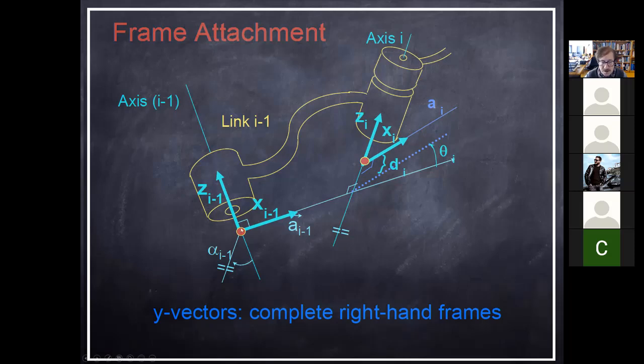It should be inside, because x cross y, if I close my fingers along the x and upon y, my thumb should show z. So the y-axes are in both cases towards inside the blackboard.